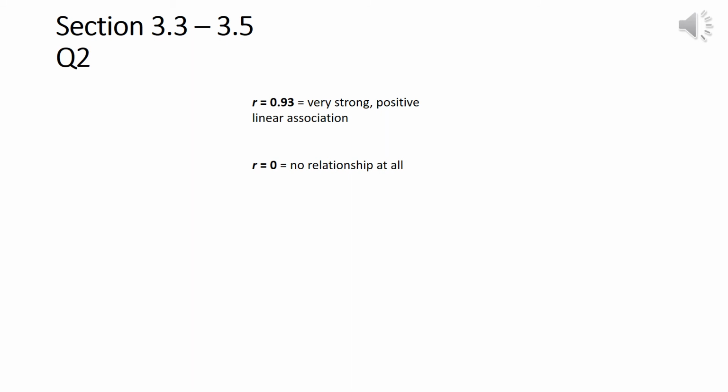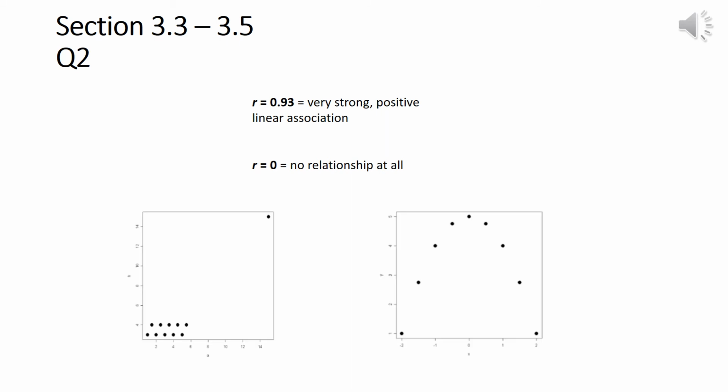You will then have 2 graphs to look at and come up with an approximate R value. The one on the left obviously had a really strange value up in the top right corner. If we were to draw a line that tried to be the line of best fit, it would go from the bottom left corner to the top right corner, kind of diagonally up.